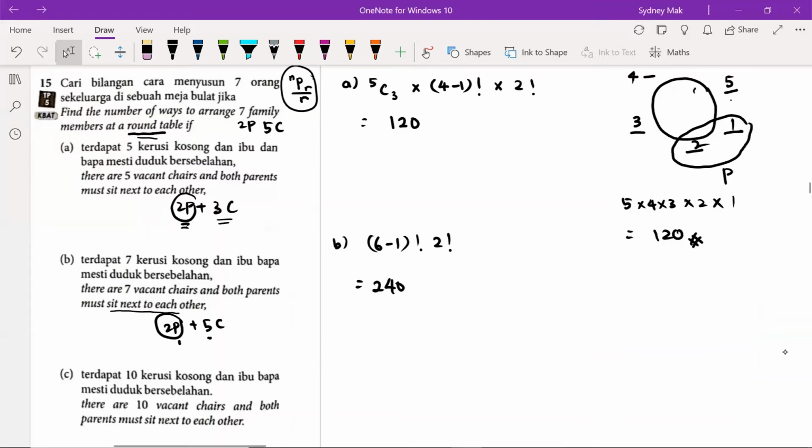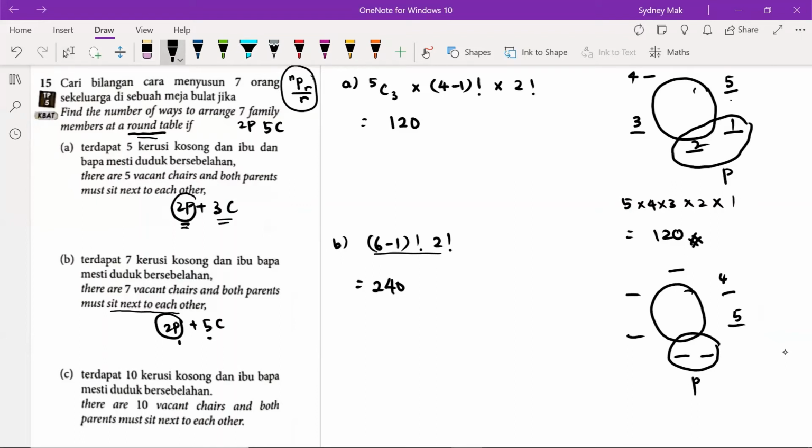240 ways. Now let's say you can't really see the logic by just writing this symbol. Let's illustrate it. We have 1, 2, 3, 4, 5, 6, 7, whereby parents must sit together. So let the parents sit in. The remaining 5 children will take the space. So now we have 5 choices, 4, 3, 2, 1, and the parents will permute among themselves, 2, 1.